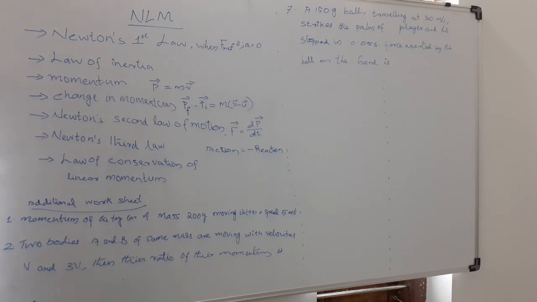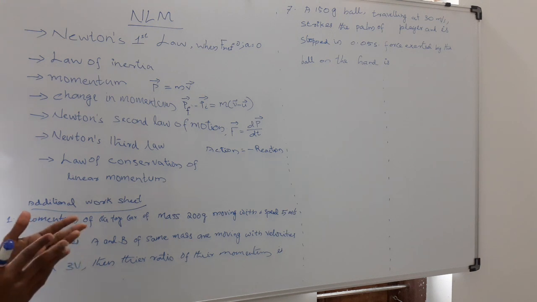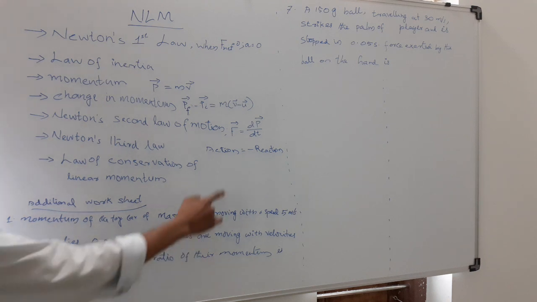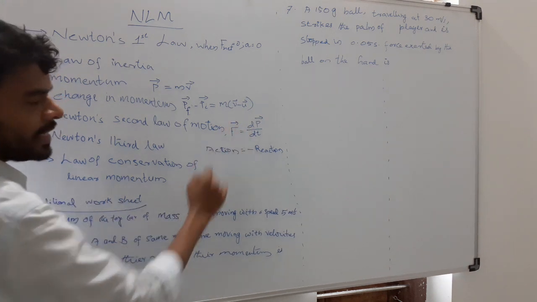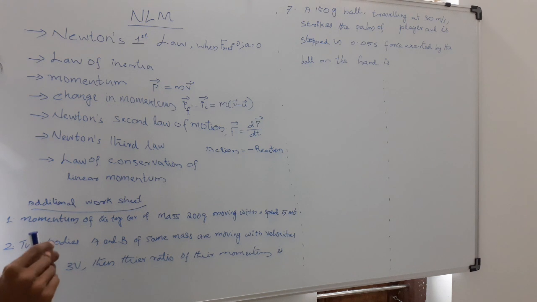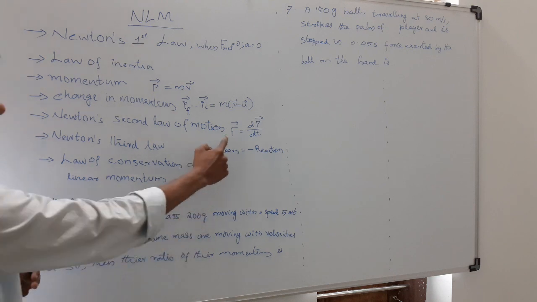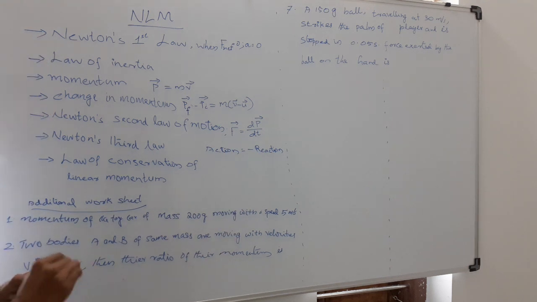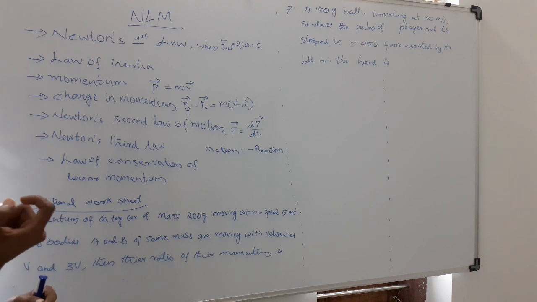Now another important thing: if you are given F is equal to dp by dt and F is equal to ma, and you are asked to choose the correct option, then you have to choose F is equal to dp by dt, not F is equal to ma. There is a slight variation in it, and that you will learn later. Newton's second law is actually F is equal to rate of change of momentum, and we derived F is equal to ma by considering a certain concept.